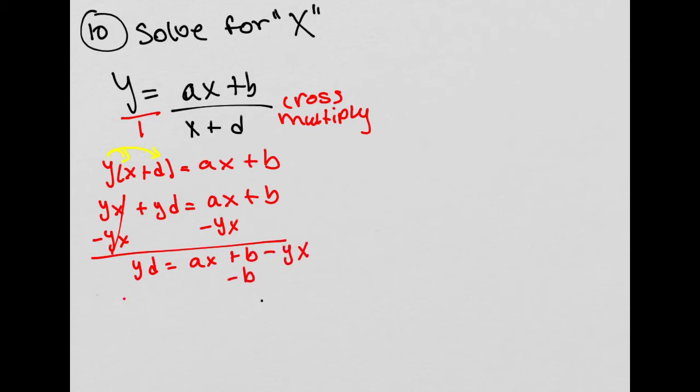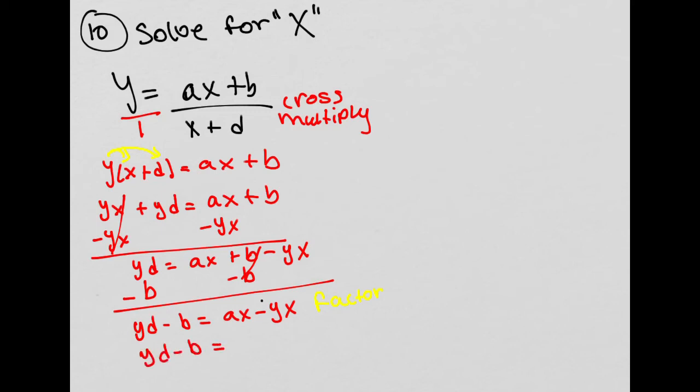I'm going to minus the b. yd minus b equals 8x minus yx. Now I'm going to factor the x term, the x out of these two terms. So I have yd minus b equals x times a minus y.